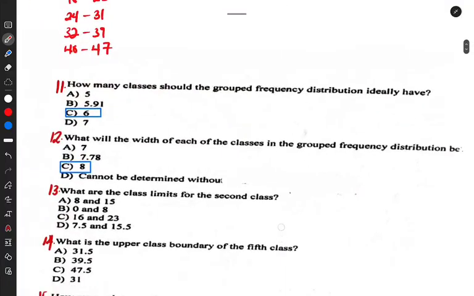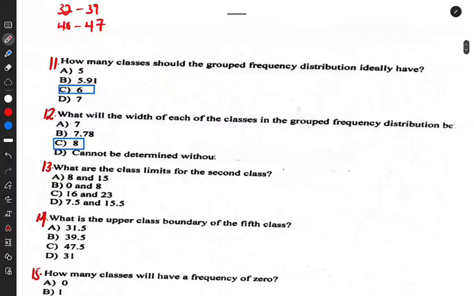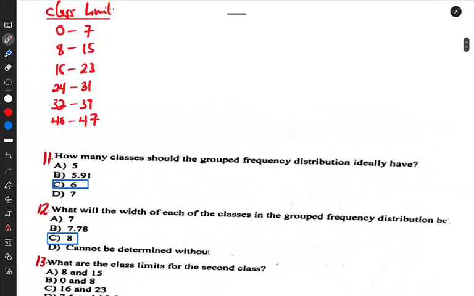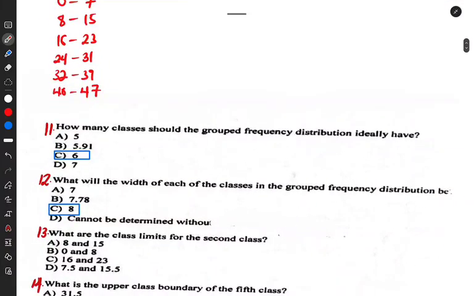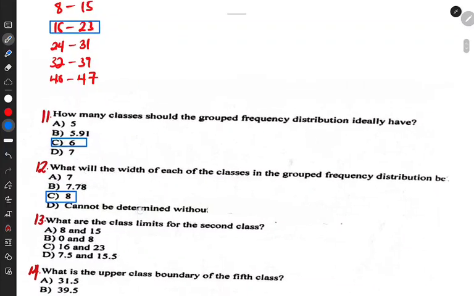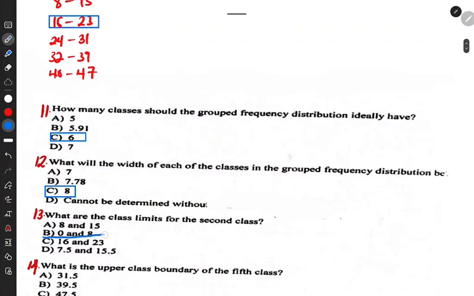So once you have the class limits, what was question 13? We are asked to find the class limits for the second class. So the class limit for the second class will be 16 and 23. So we have 16 and 23 as option C. Okay, let's take note of that.